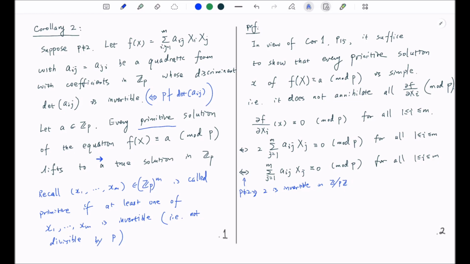And we look at the hypothesis in this corollary. We'll immediately see this will lead to a contradiction.